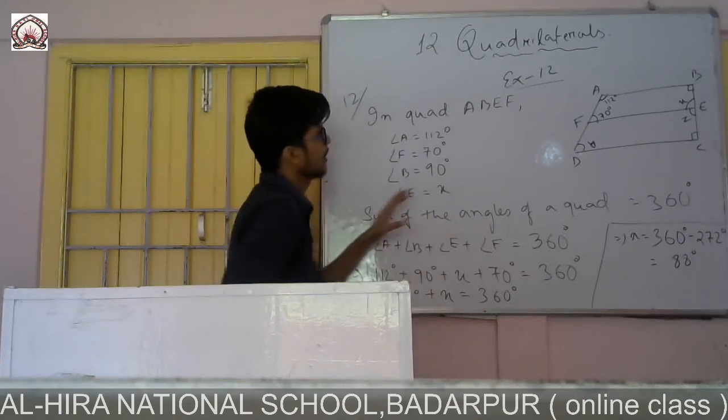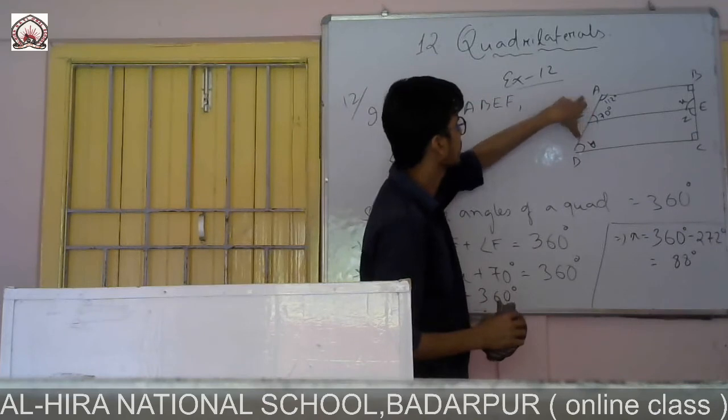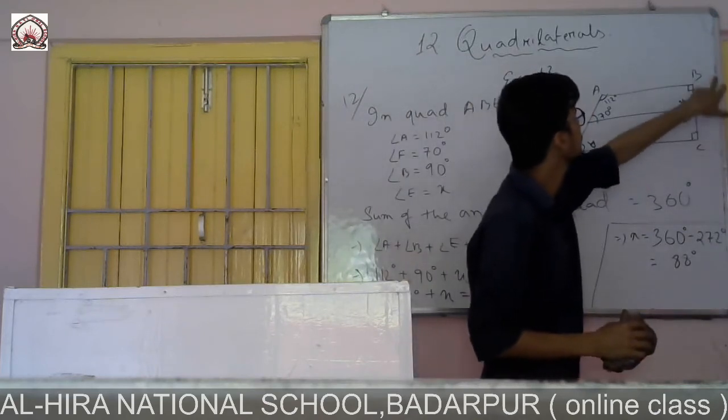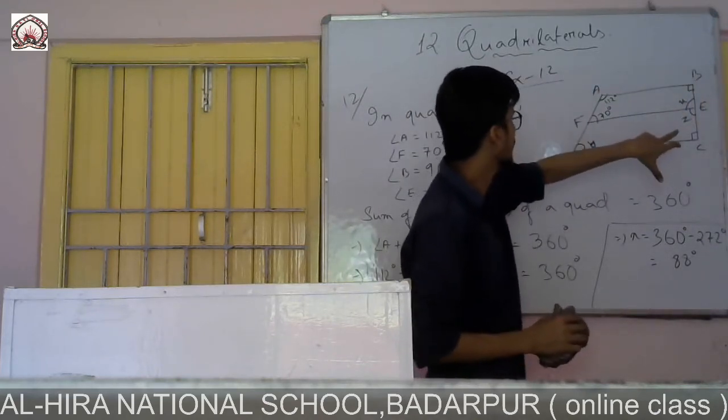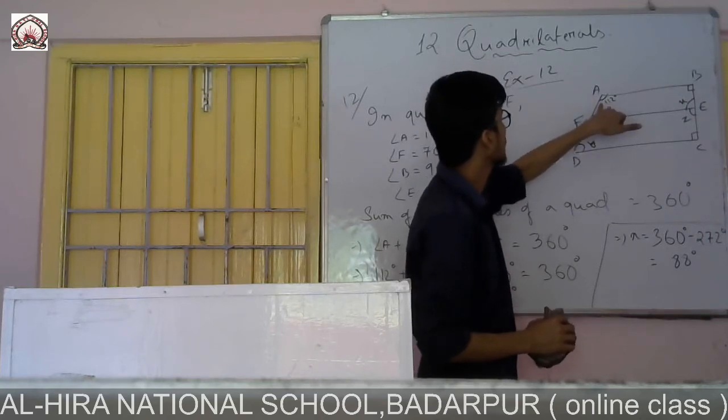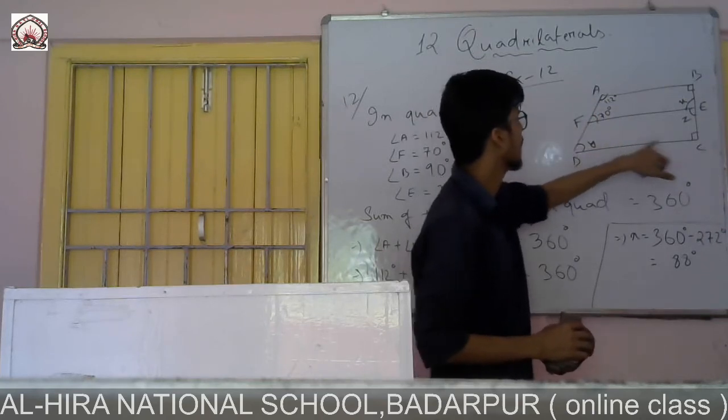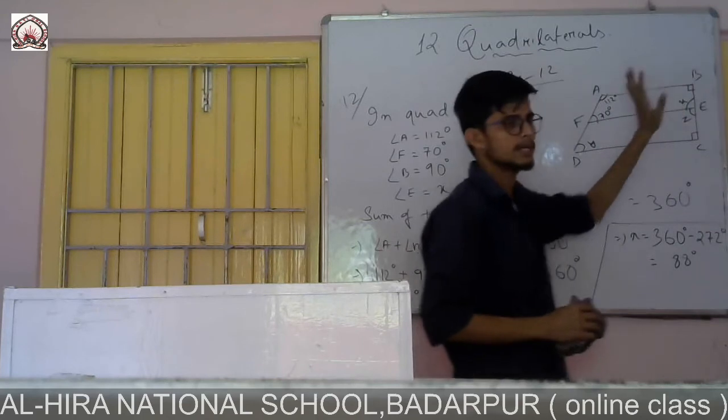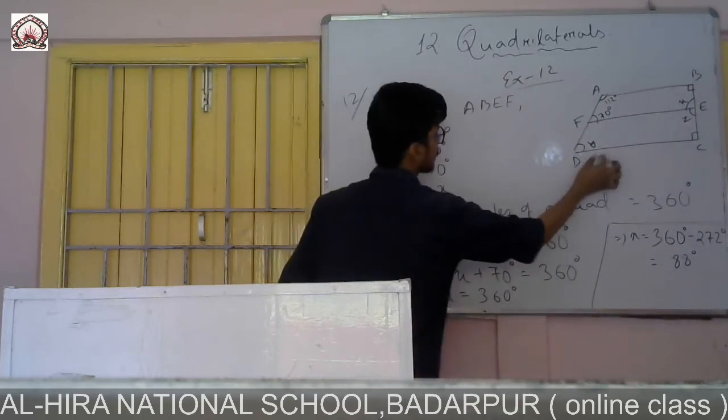Now in this big quadrilateral A, B, C, D, angle A is given 112, D is given y, C is 90 degree and B also 90 degree. So we can easily find the value of this one.